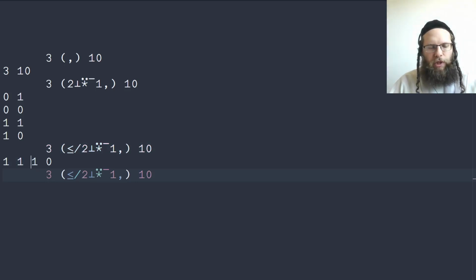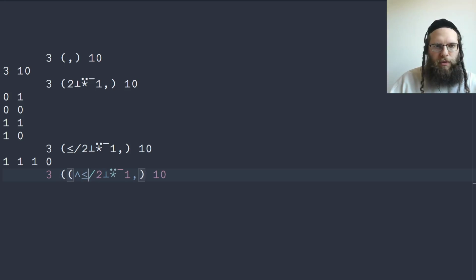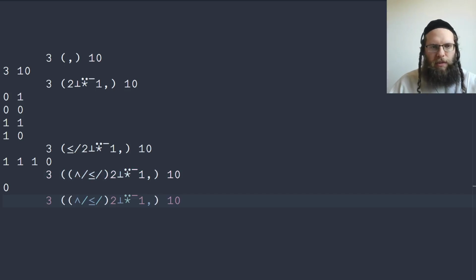But the last one is a failure. That doesn't really matter here because all we need to do now is to check if they are all met. We're not interested in the individual bits. So instead of doing a single reduction, we're doing 2 reductions. An AND reduction after we've done the less than or equal reduction. That tells us that the requirements are not fully met here.